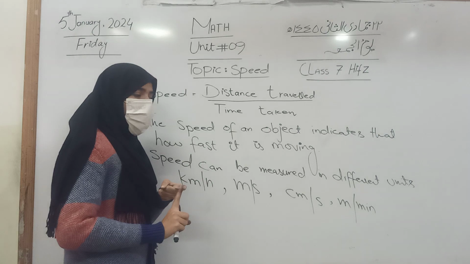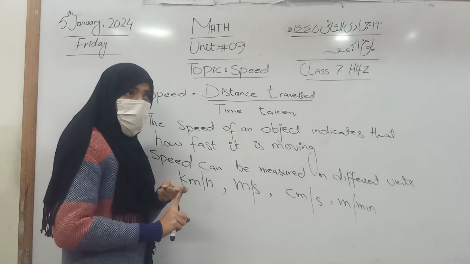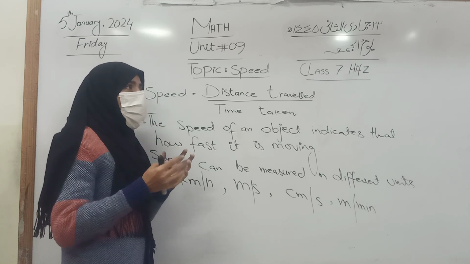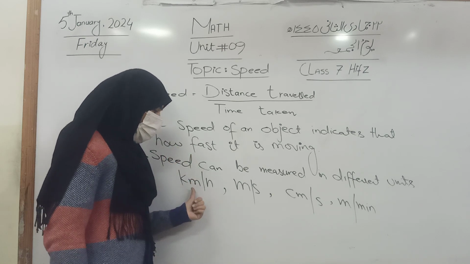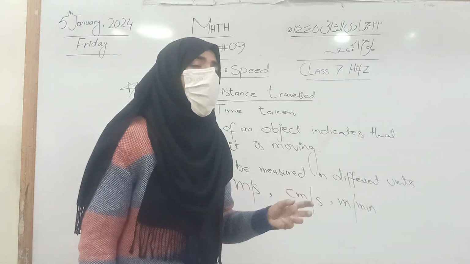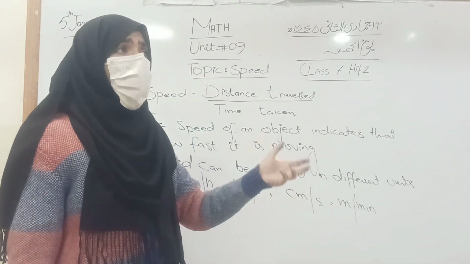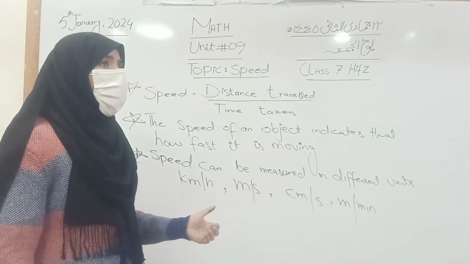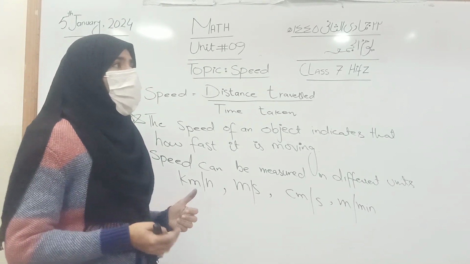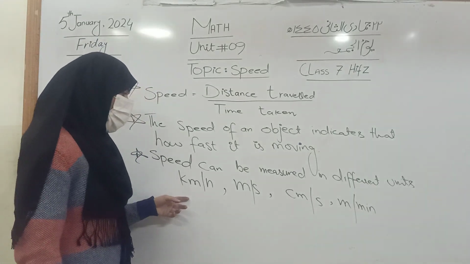Centimeter is the smallest unit, then we have meter, then kilometer. The bigger distance can be measured in kilometers, and a smaller or shortest distance can be measured in centimeters or meters. But bigger values can be calculated in bigger units like kilometers.